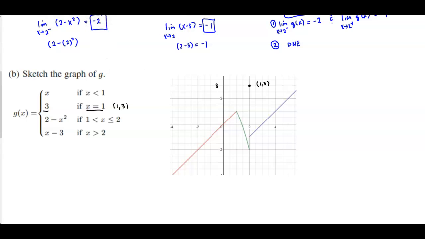We know that our line of x is less than 1, and so we have an open circle here. So this represents x when x is less than 1.